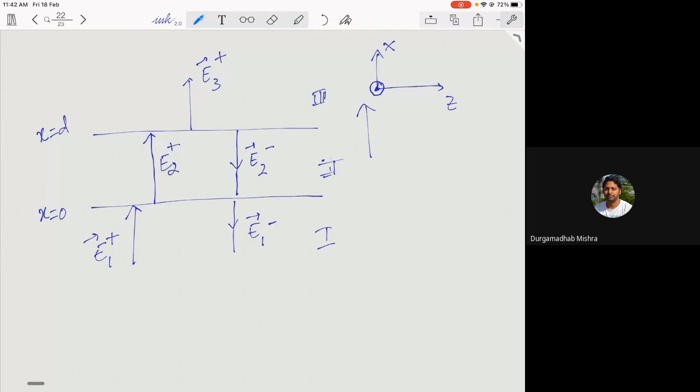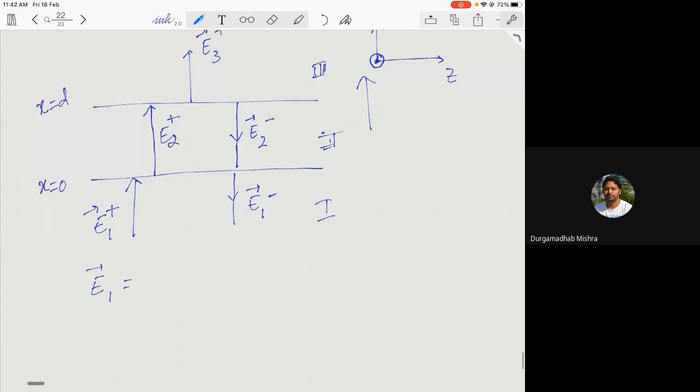So you can write down the electric field. Can anyone tell what the electric field should be? How should I write it down?